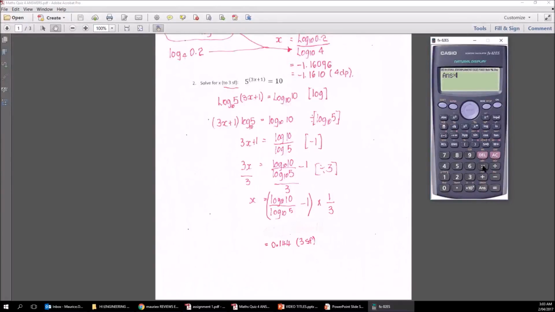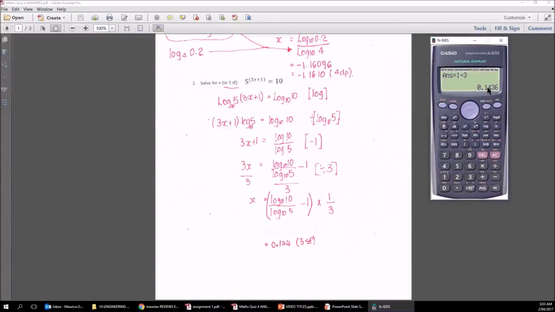I can go times 1 divided by 3, which is a third, equals, and we get 1.436, but we want that to 3 significant figures. Now remember that with significant figures, it's the first non-zero digit that is significant.